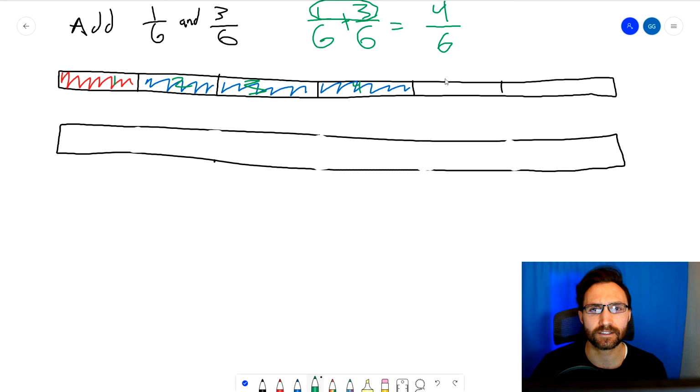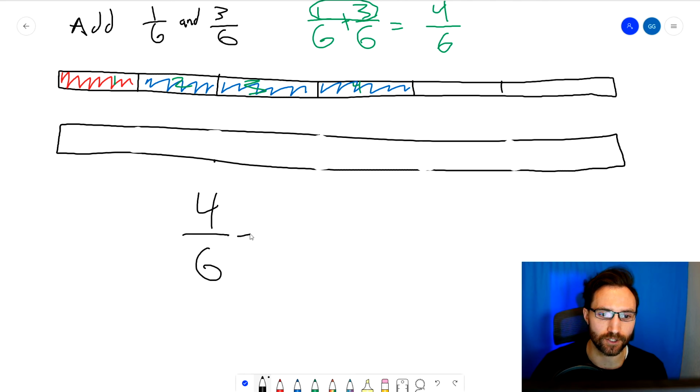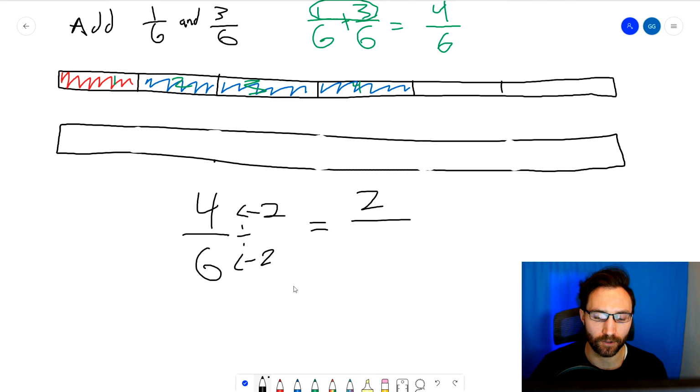Now is 4/6 the simplest form, or is there a common factor between 4 and 6? There is a common factor between 4 and 6, which is 2. So we're going to divide the top by 2 and the bottom by 2. 4 divided by 2, or how many groups of 2 can go into 4? 2. Good job.